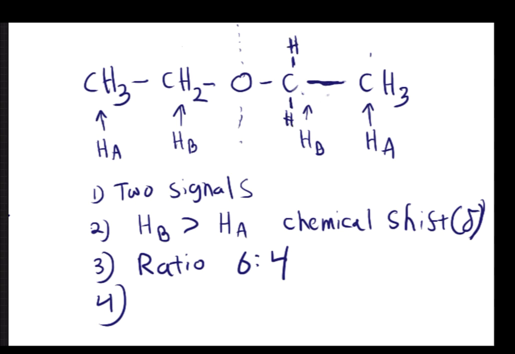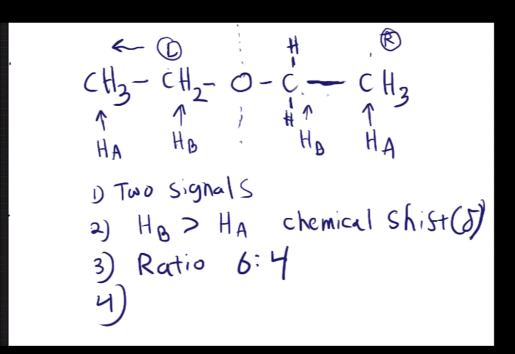We're 3 bonds away, so HB definitely affects HA. Coupling will not occur through the oxygen, and HB over here is way too far to influence HA over here on the right side. So HB on the left will not influence HB protons on the right, but they'll definitely influence those protons that are right next door.